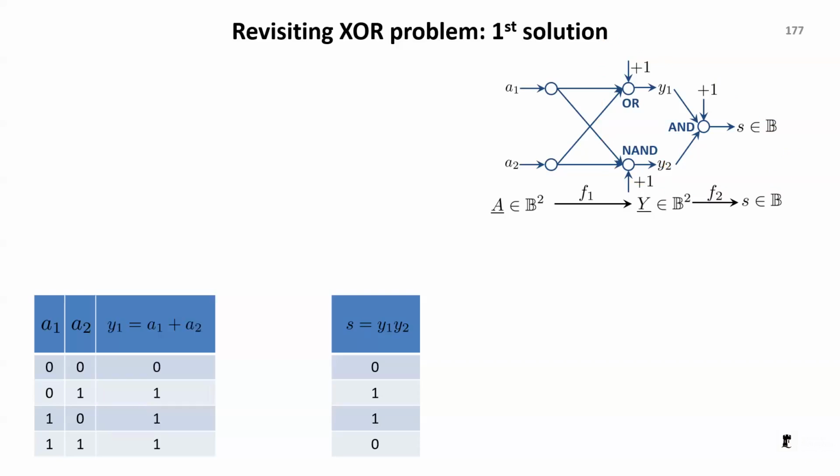The first step, OR, we just do it by hand, just like before. A1, A2, we perform OR for this, and we get this. I skip the process of summing the input, multiplying by the weight, and then applying the activation function.